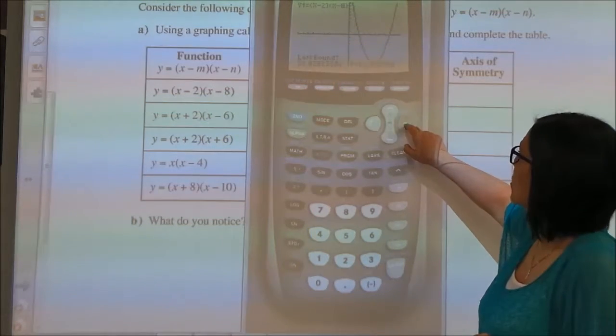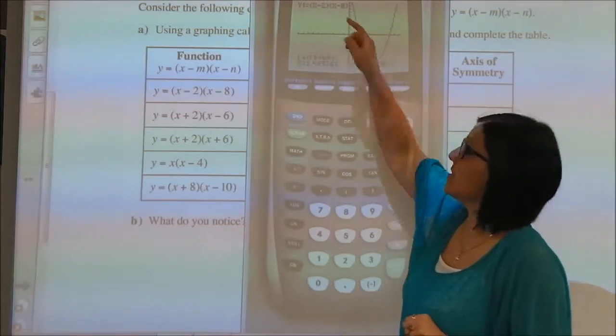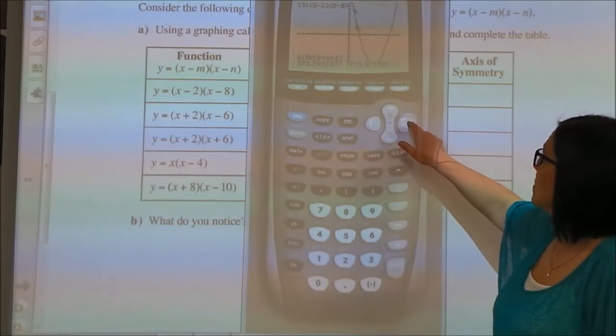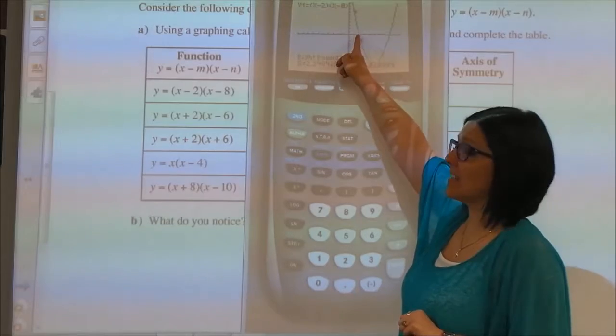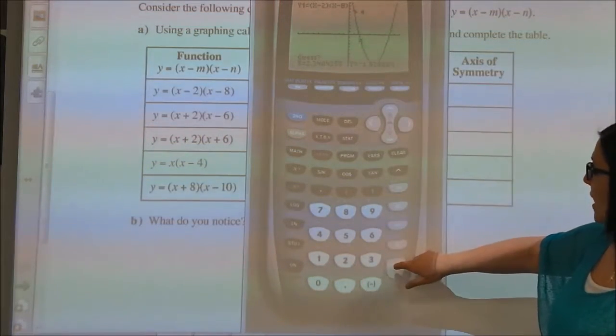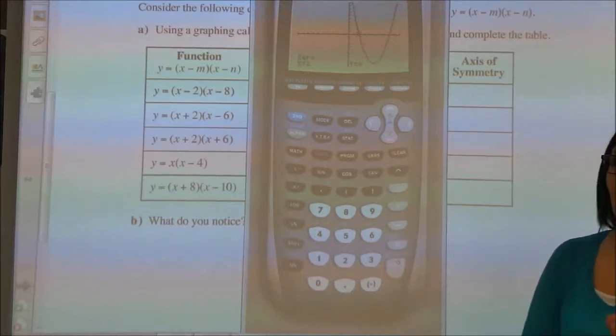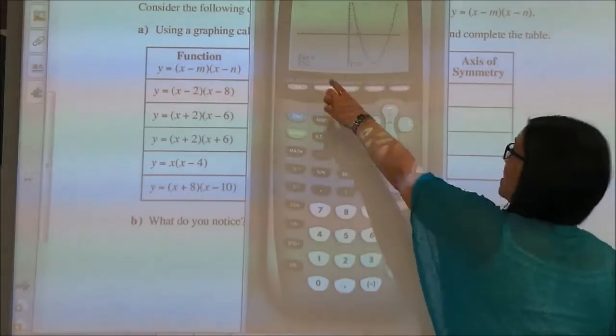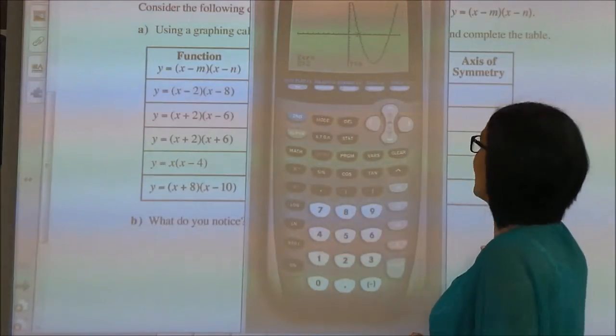So I move my cursor until I can see the cursor on the screen. That's the left side. Cross the x-axis, and now I'm on the right side. I don't want it to guess. I press enter one more time, and then it says zero, and it gives me the coordinates: 2 and 0. So that's one of them.